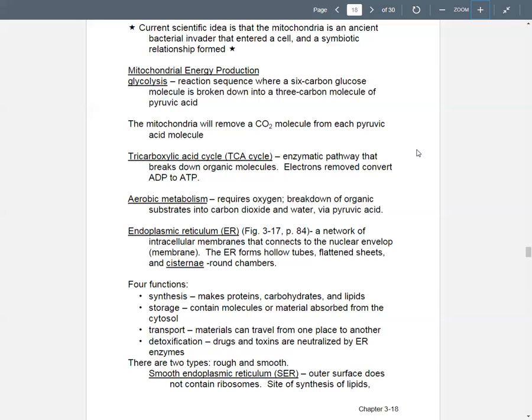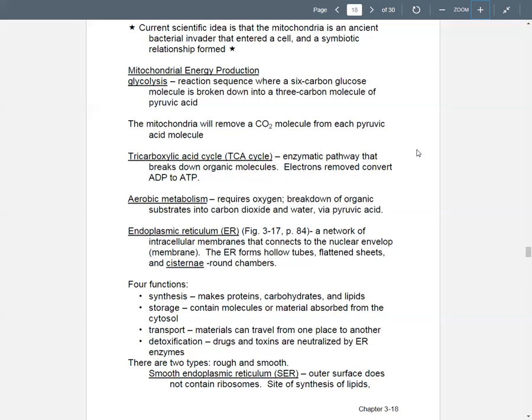And glycolysis, basically, glyco is a root word that means what? Anybody know? Sugar, right? It looks kind of like glucose. Lysis is a root word that means to do what? Break. So we're breaking sugar. A 6-carbon glucose molecule is broken down to a 3-carbon molecule of pyruvic acid.